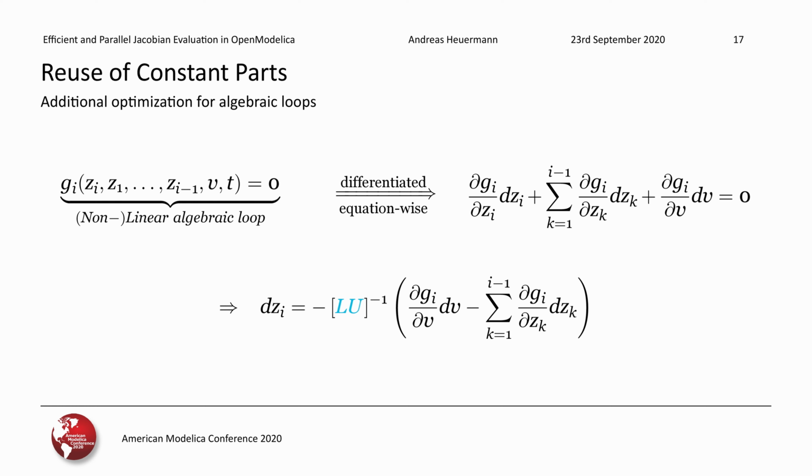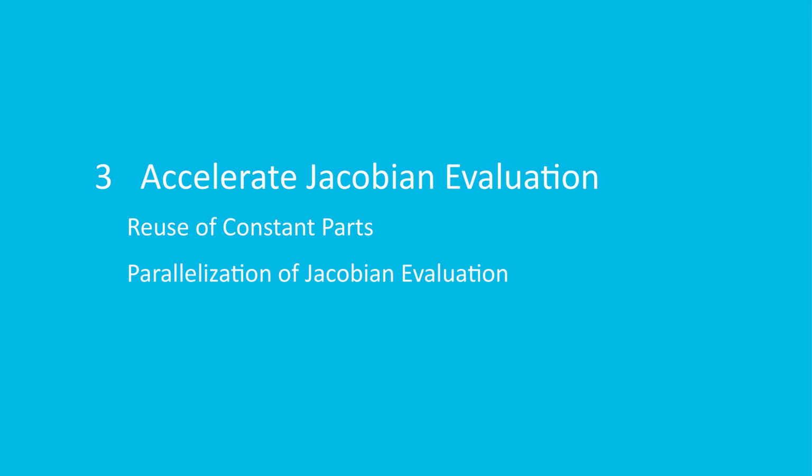Now, the most computationally expensive step to solve the system is computing the LU factorization, but luckily the factorization is constant for every Jacobian matrix construction, so we do it only once. In the benchmark section we will see that this reuse of constant parts has a huge impact on the total simulation time. Now let's have a look at the second approach to accelerate Jacobian evaluations with parallelization.